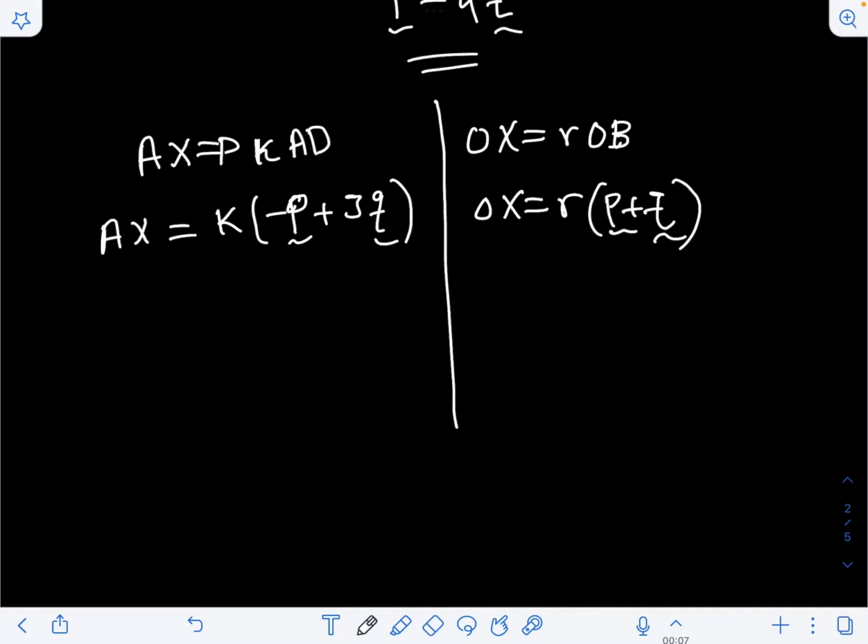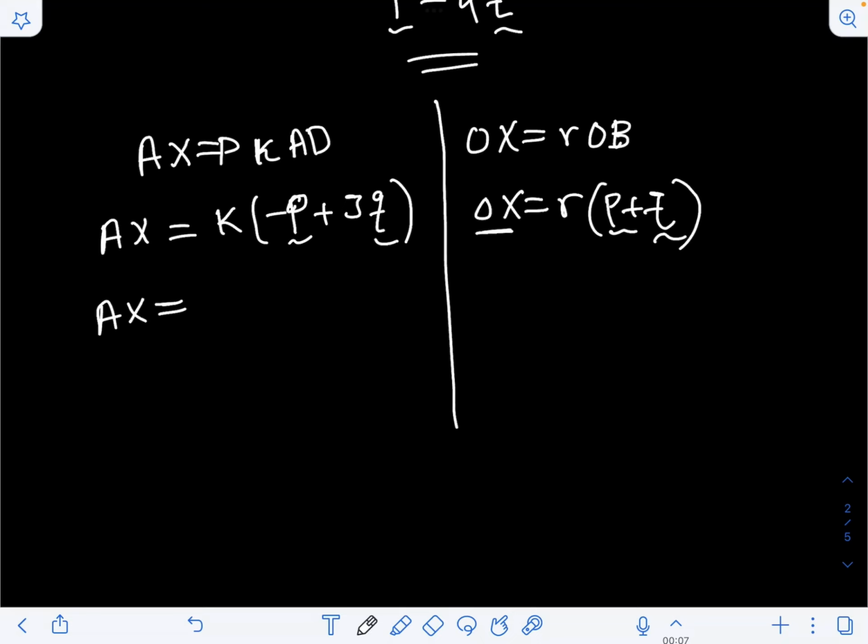So let us express another AX by passing through OX so that we can solve the equation. If you have two unknowns, as we mentioned in the previous equations, we cannot solve them, so we have to convert either of the equations to be the same as one equation.